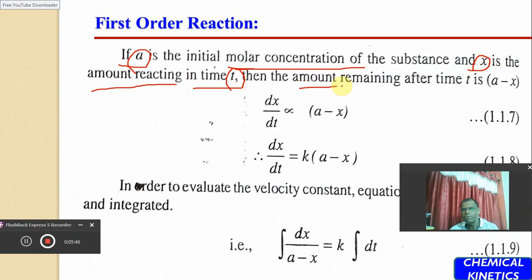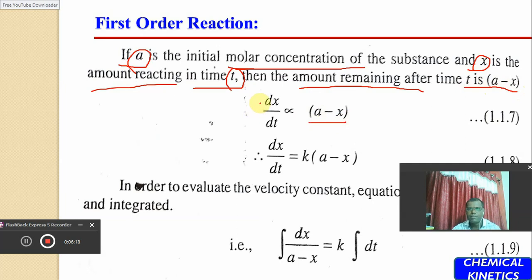Then the amount of reactant remaining left unreacted will be a minus x after time t, because out of a, x has reacted. So a minus x is the concentration of reactant left unreacted after time t.